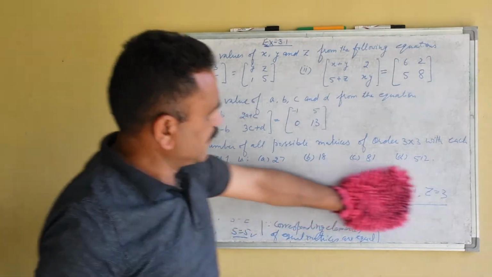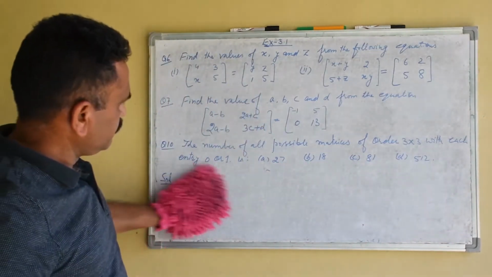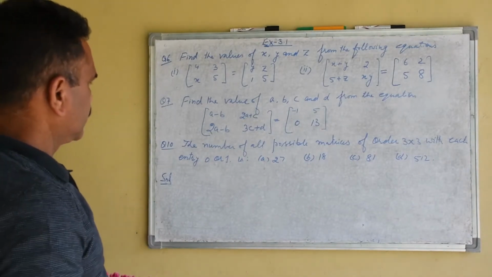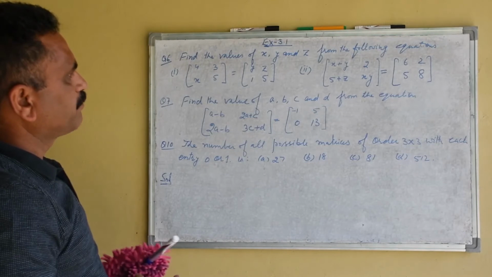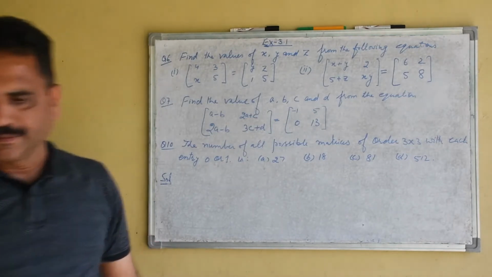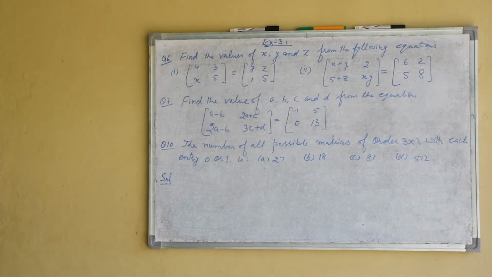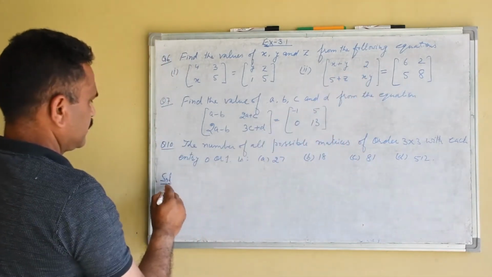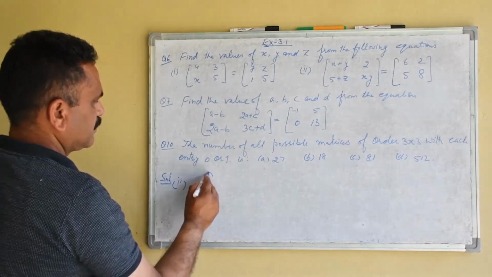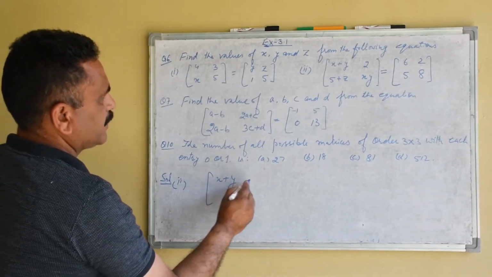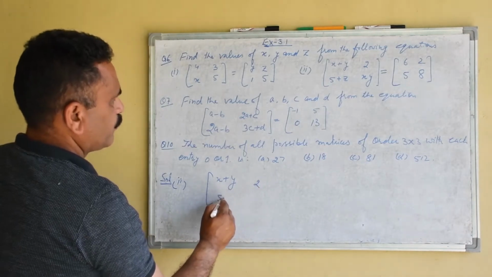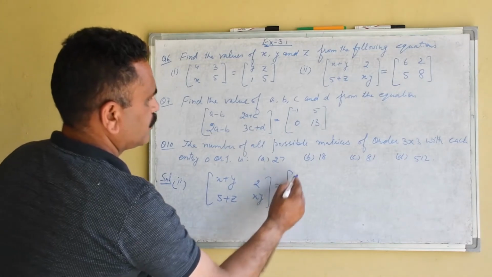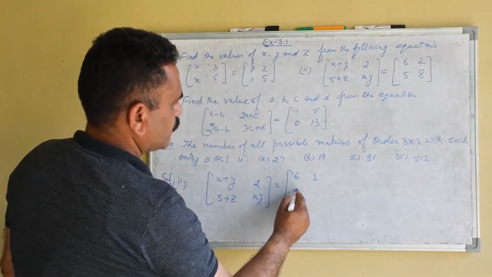Now, second part of this question. In the second part, the matrix with x plus y, 2, 5 plus z, xy is equal to the matrix 6, 2, 5, 8.